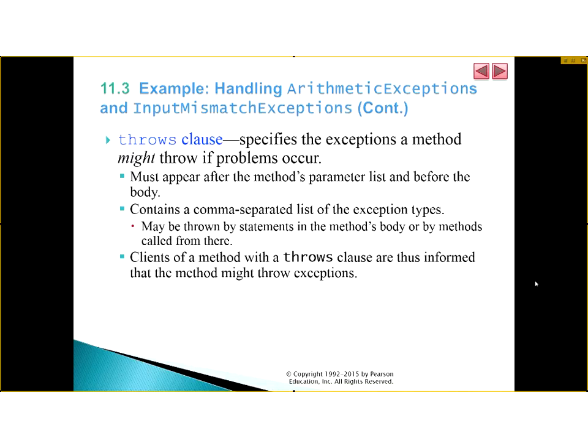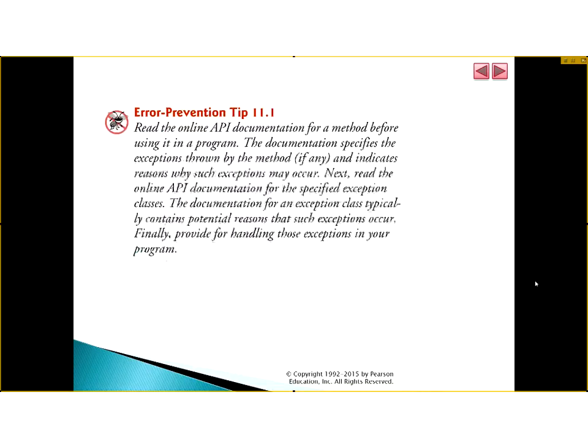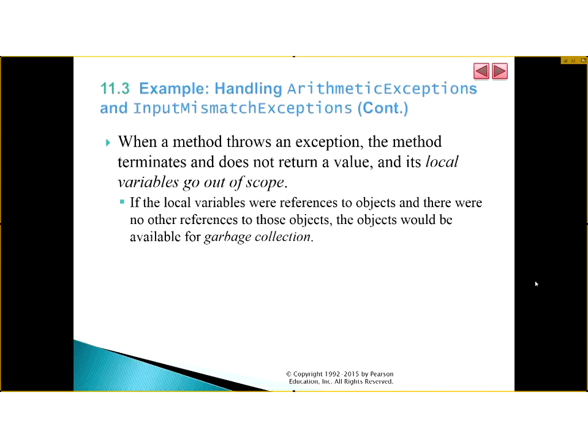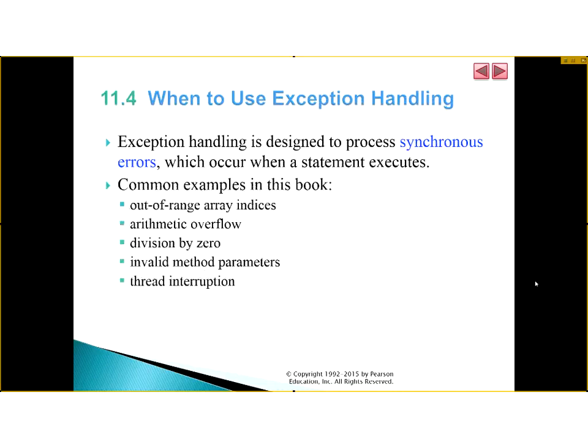So I tend to handle them right where they're at. The API documentation for a method will tell you exactly what possible things could be thrown. When a method throws an exception, the method terminates and does not return a value. The local variables have a scope, we already said that, and they're available for garbage collection.